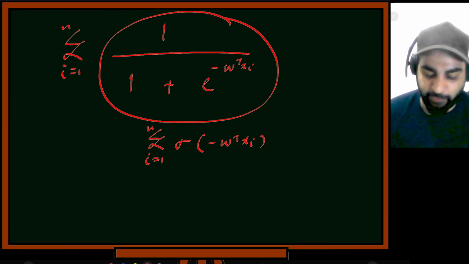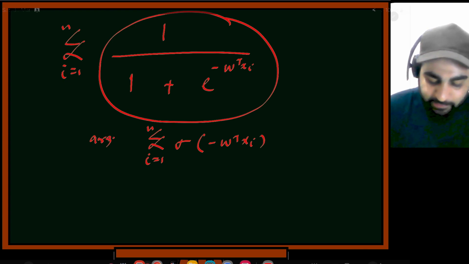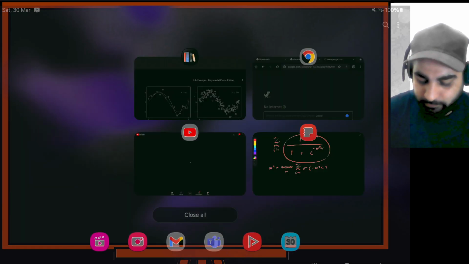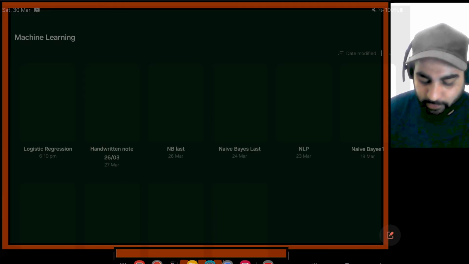Now I want to find argmax, such a w, which is w star, for which this gets maximized.